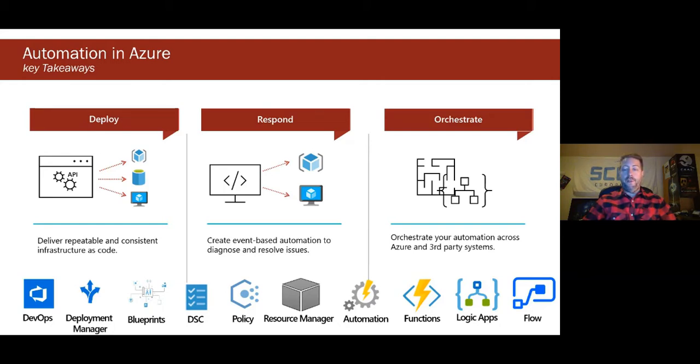And then orchestrate is the third big bucket that they use. This is integrating with Azure, integrating with other third-party systems and things like that. That's where you start to get into things like functions and logic apps and Flow, now called Power Automate. As an example, I use Flow or Power Automate or logic apps personally to communicate.